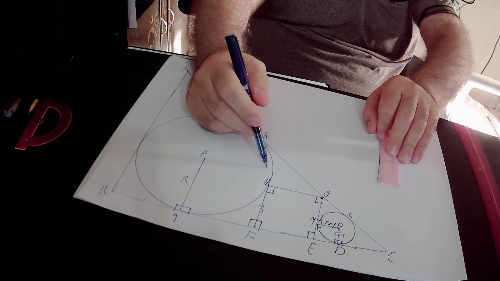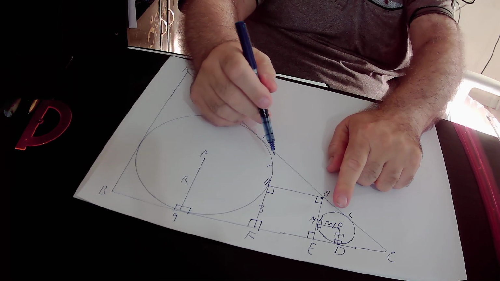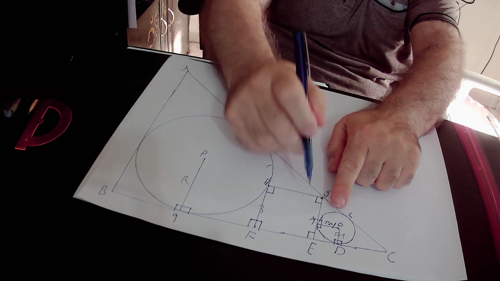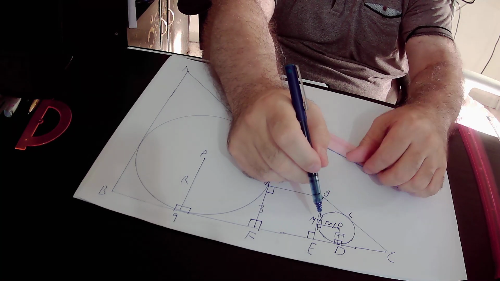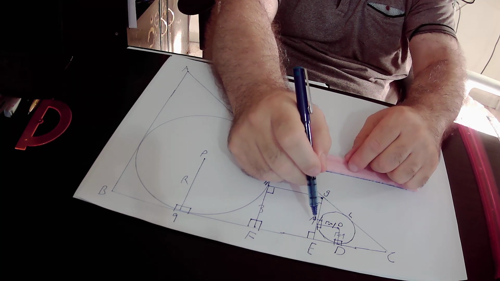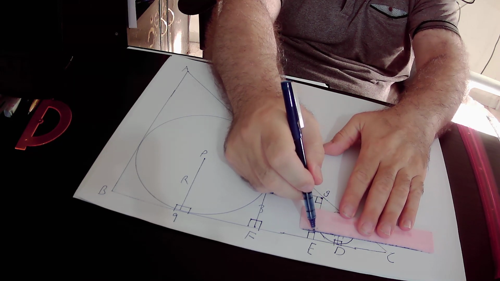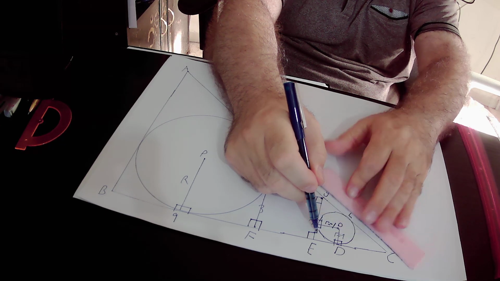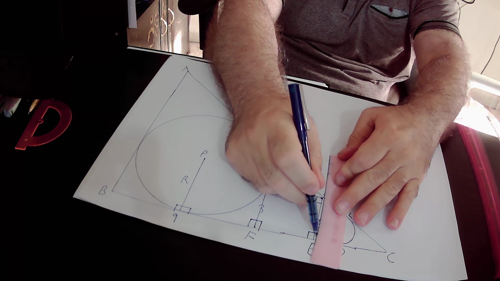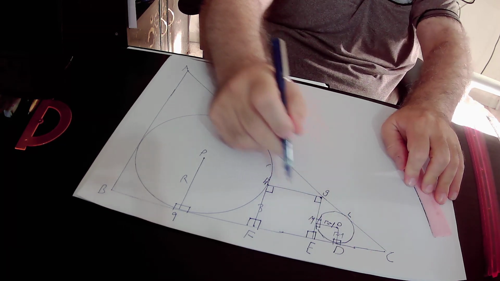Likewise, if we focus on the upper side of BC at point E, the sum of the angles must be equal to 180 degrees, so this angle equals 90 degrees, therefore this angle must also be equal to 90 degrees, according to rule number 3.